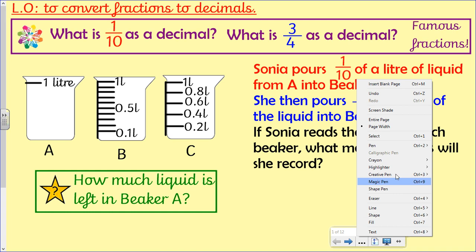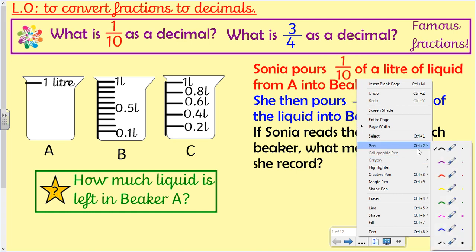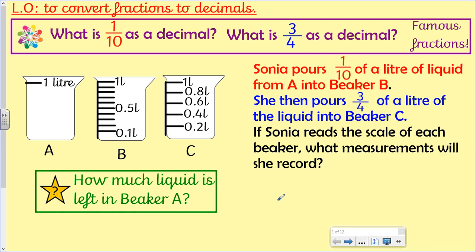So our objective is to convert fractions to decimals. So we've got a little question here. It says, Sonia pours 1/10 of a litre of liquid from A into beaker B. So from this beaker here, from A, Sonia pours 1/10 of a litre from here into here.